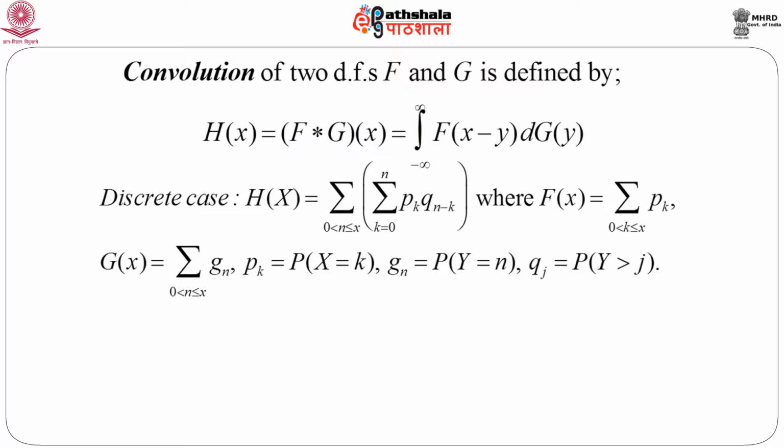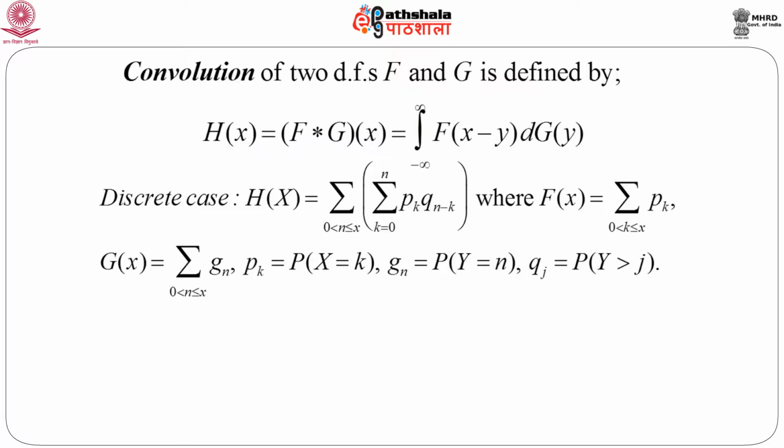So H(x) equals the summation over 0 less than or equal to n less than or equal to x, of the summation over k equals 0 to n of p_k q_{n minus k}, where F(x) is the sum over p_k for 0 less than or equal to k less than or equal to x, and G(x) is the summation of g_n for 0 less than or equal to n less than or equal to x. Here p_k is the probability that X takes the value k, g_n is the probability that Y takes the value n, and q_j is the probability that Y is greater than j.